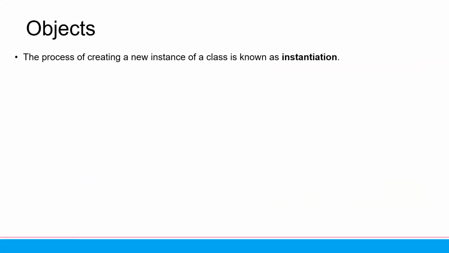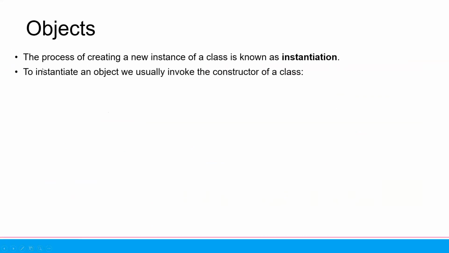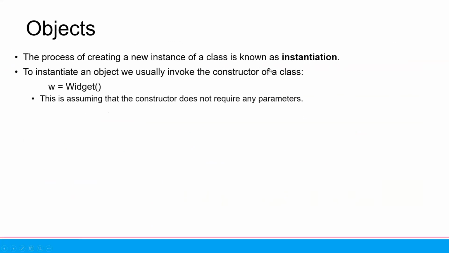And when we deal with objects, it means we deal with instantiation. To instantiate an object, we usually invoke the constructor of a class. So for now, I think we don't have any class. Later we will have the class.